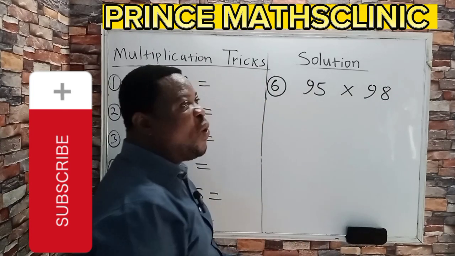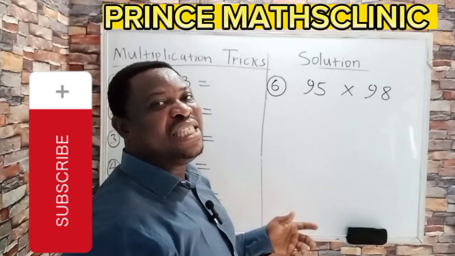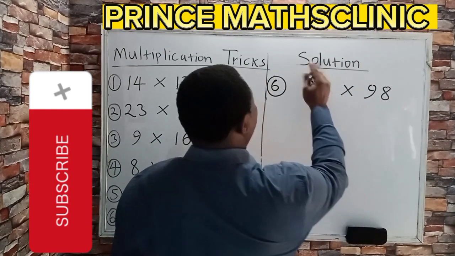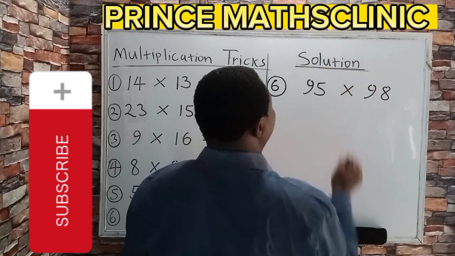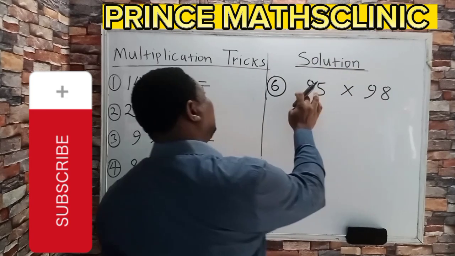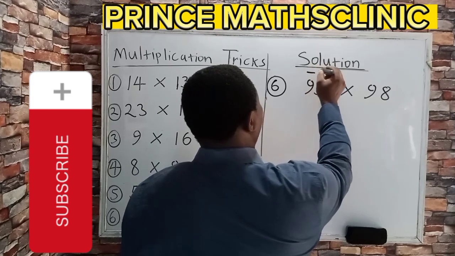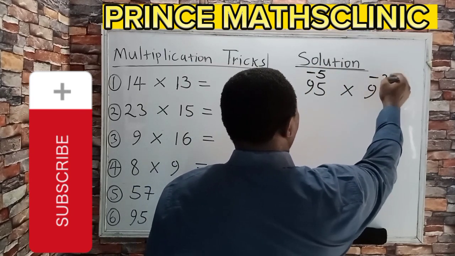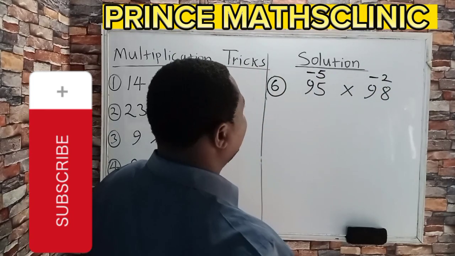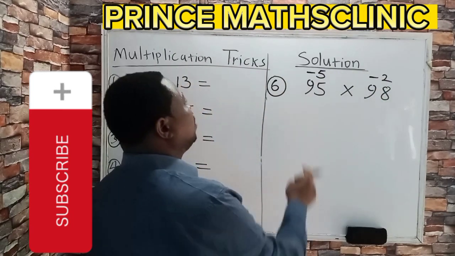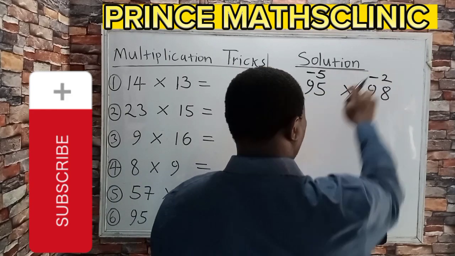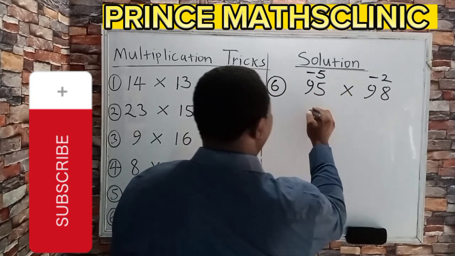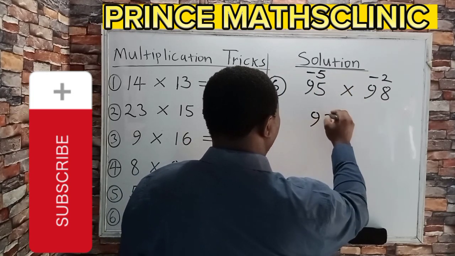This number is now closer to 100 than it is to 10. Both of them are less than 100. This one is less than 100 by 5, so we put minus 5. This one is less than 100 by 2. So the same operation goes on. If you say 95 minus 2, it will give you 93. Or you say 98 minus 5, you still have 93.